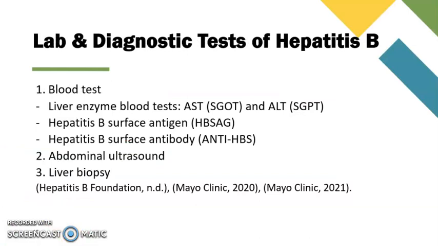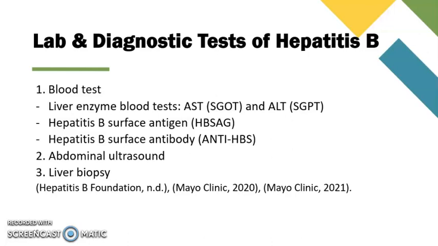There are 3 main lab diagnostic tests for hepatitis B. First, in order to detect and check if a person has the hepatitis B virus in their body, they can get a blood test. This is the easiest lab testing that people can get.